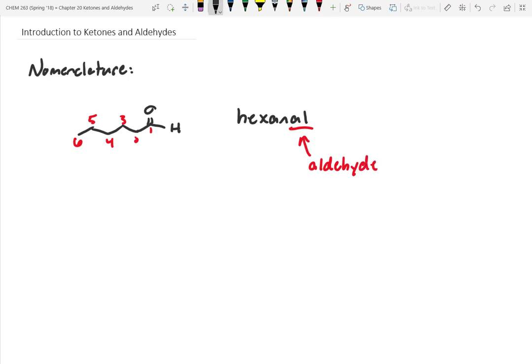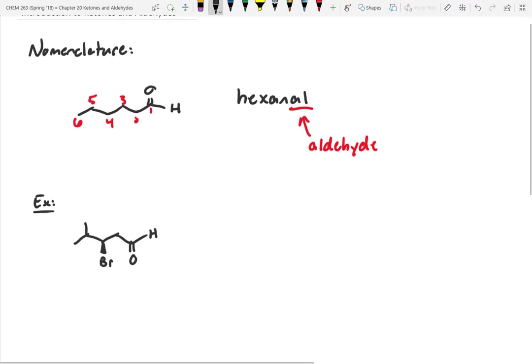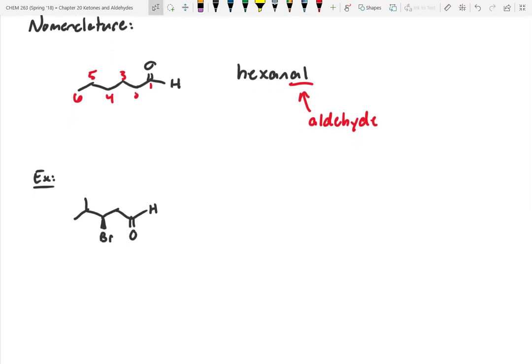So let's do a practice one. And this one's going to be a bit more complicated. Oops, sorry, this is an aldehyde. Forgot my hydrogen there. And in this case, the aldehyde is the highest priority functional group.